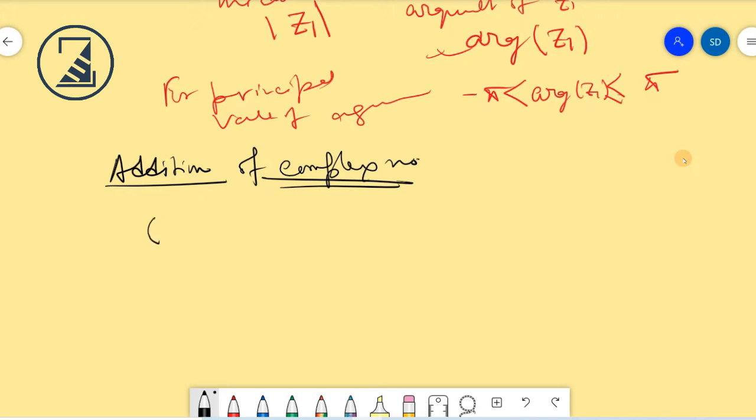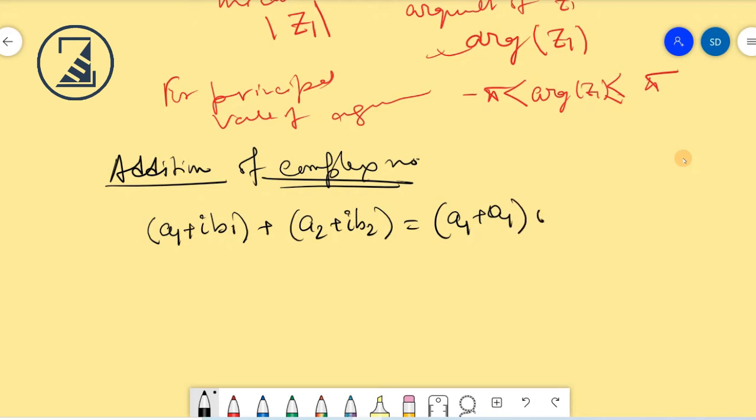That is, if we have two complex numbers a1 plus ib1, and a2 plus ib2, then the real parts will be added independently and the complex parts will be added independently. This is pretty straightforward. So this is our algebraic way of doing it.